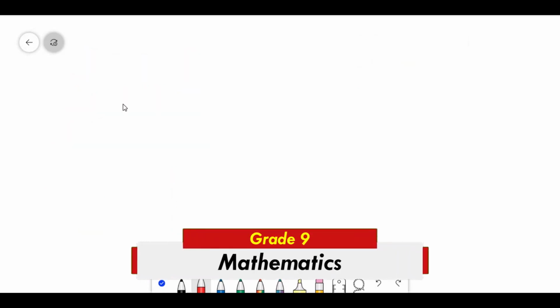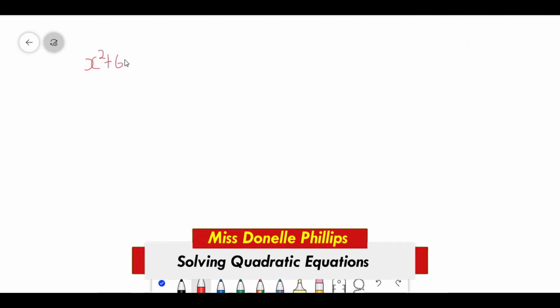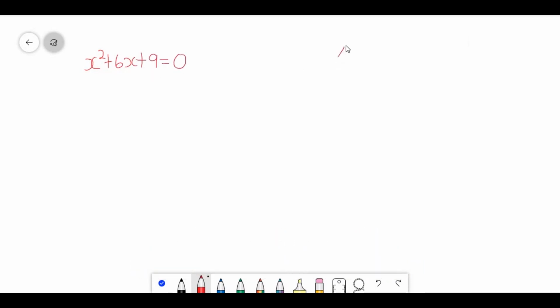For our final example, we're going to solve x squared plus 6x plus 9 equal 0. AC is equal to 9, and we're going to use 3 times 3 because when we multiply 3 times 3 we get back 9, and when we add it we get 6.